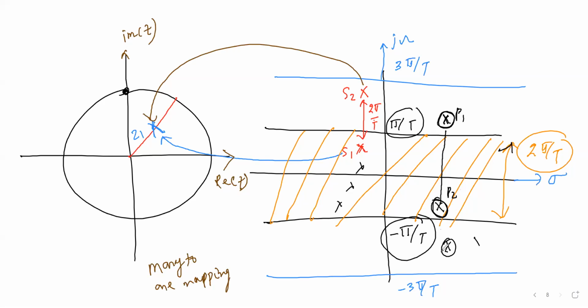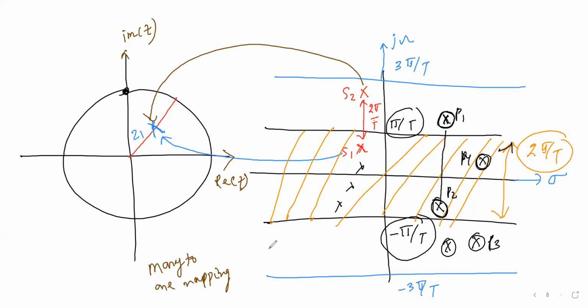Similarly, if you take a pole P3 below minus pi by T and add 2 pi by T, then it will come here as P4. Again, P3 and P4 will map to the same pole in the Z domain. The poles must not lie above or below this region.